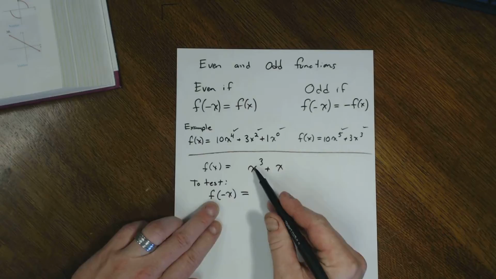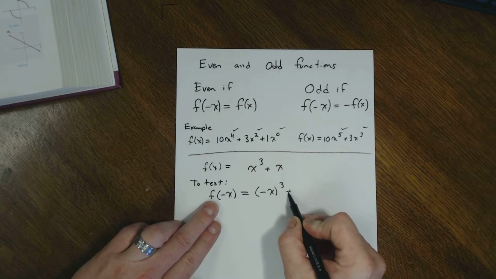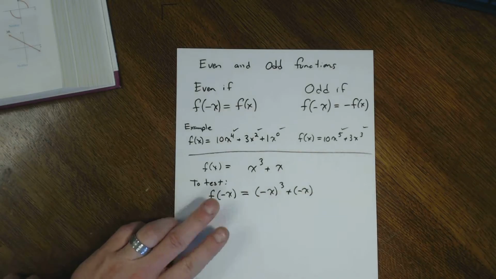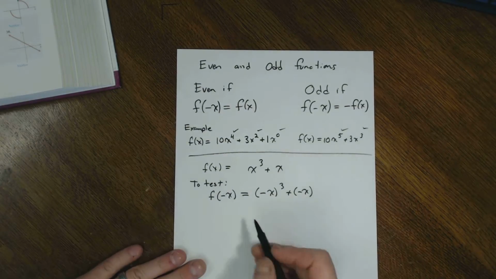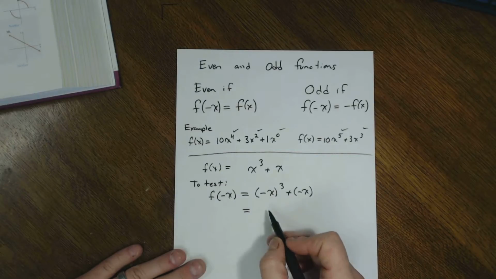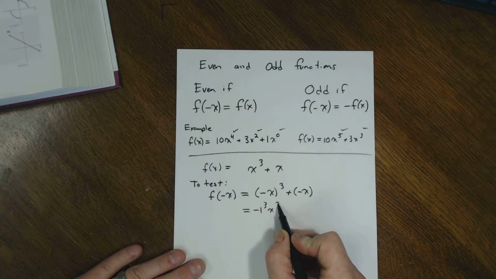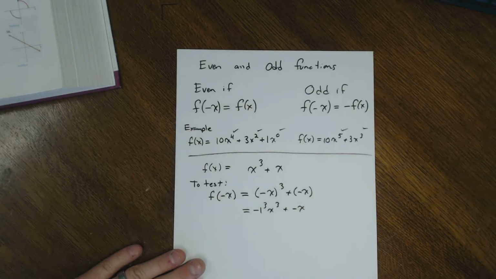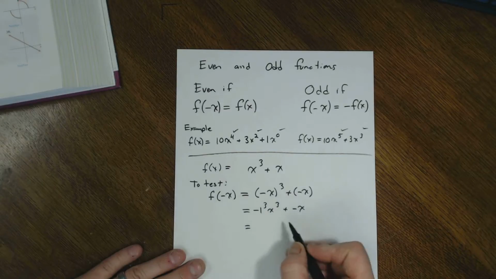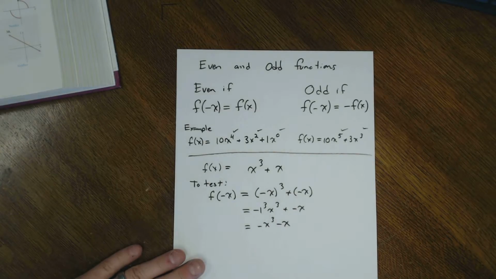And I'm going to take minus x and put it into the function. So I'm simply replacing my inputs. Now I'm going to do some algebraic manipulations. This is going to be minus 1 cubed, x cubed, plus minus x. This is equal to minus x cubed minus x.